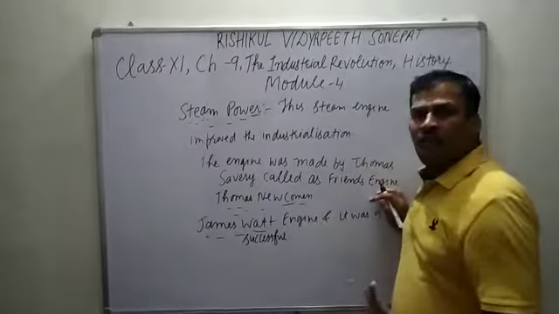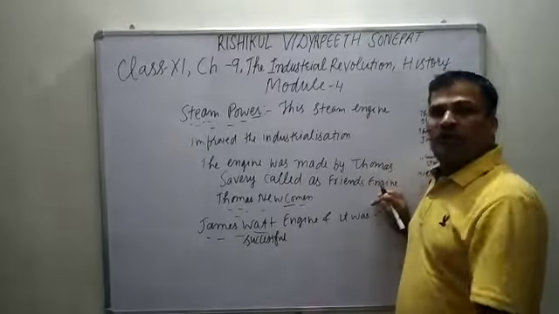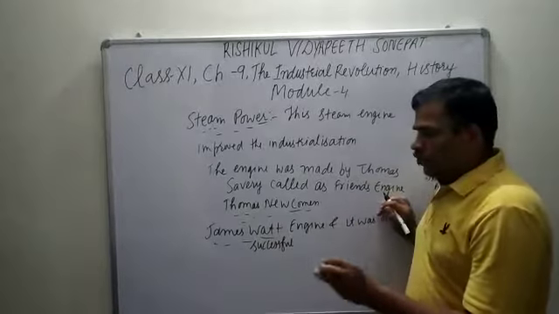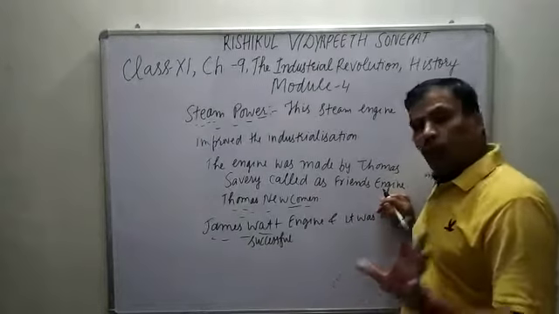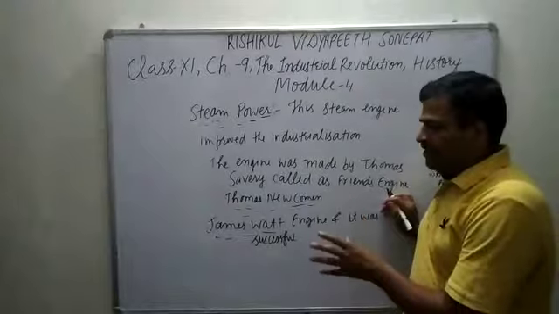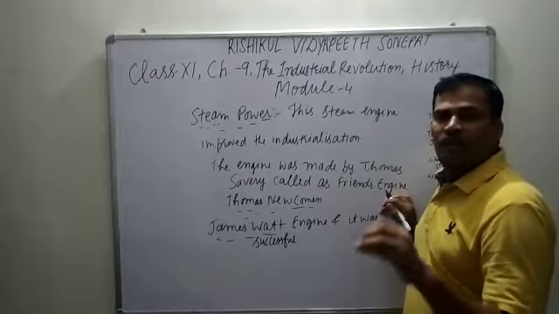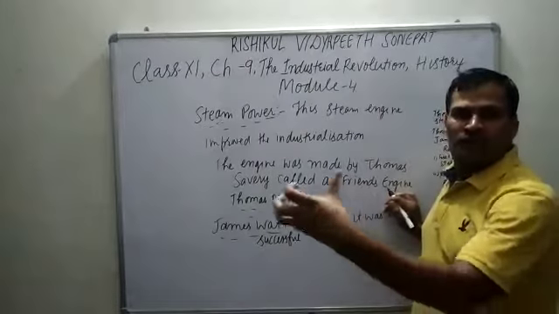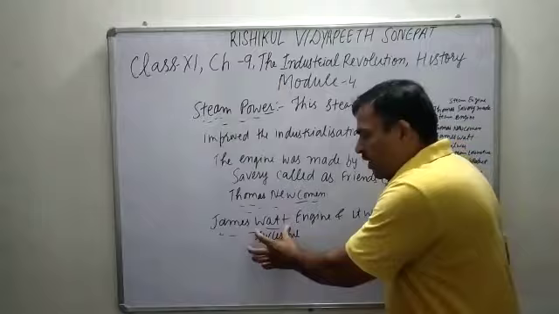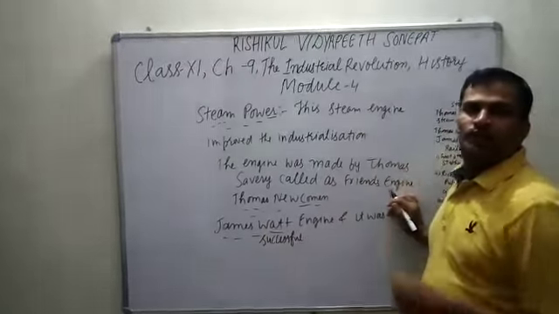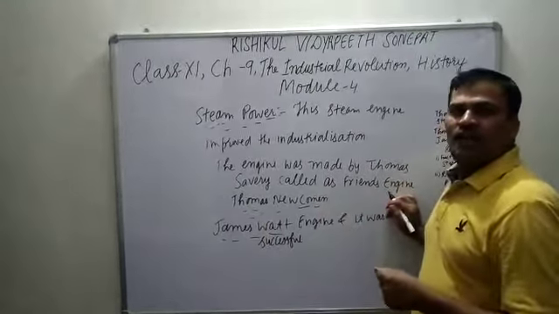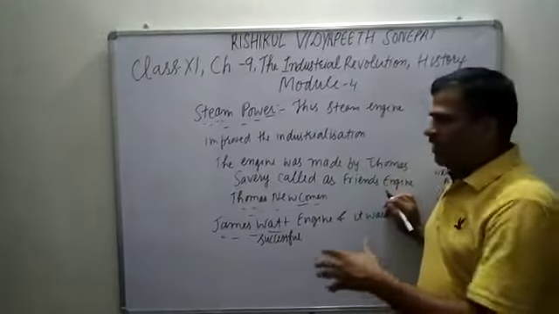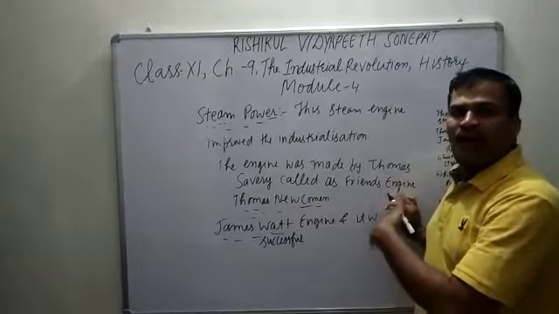And what was that? Due to this innovation, they were producing more and more energy. And the James Watt engine was one of the best throughout Europe. England's steam engines were considered best and they were producing more energy as compared to other countries. This was also an important part of industrialization because these machines will innovate the industrialization and help in improving agriculture.